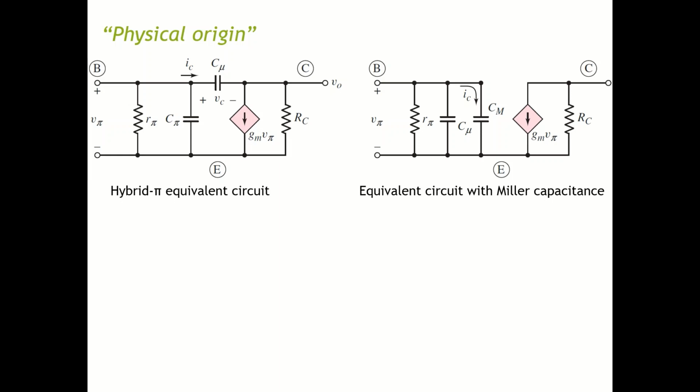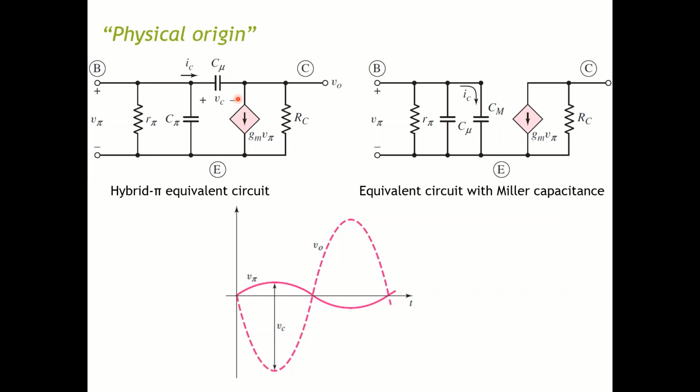So if we assume that the signal is sinusoidal, so V pi is sinusoidal, we can plot our VO to also be sinusoidal. And if you look at the sinusoidal signals, you can see that the peak, the maximum of V pi, is a lot smaller than the peak, the maximum magnitude of VC.